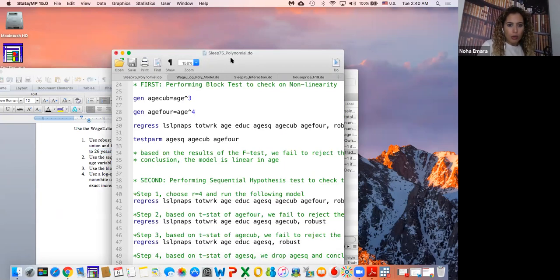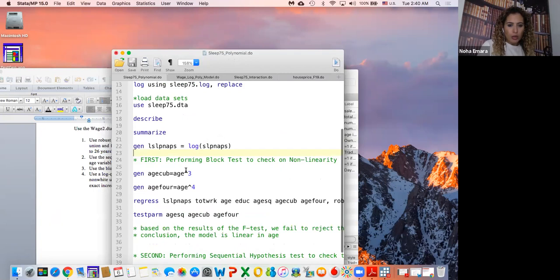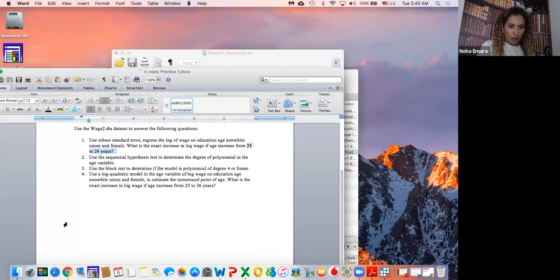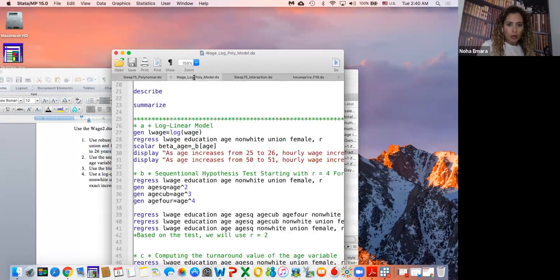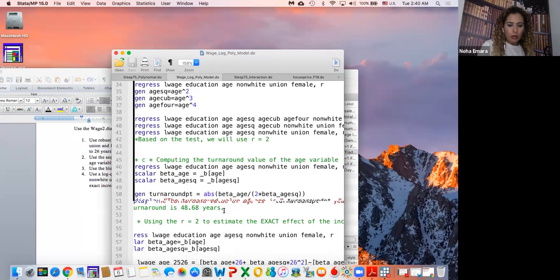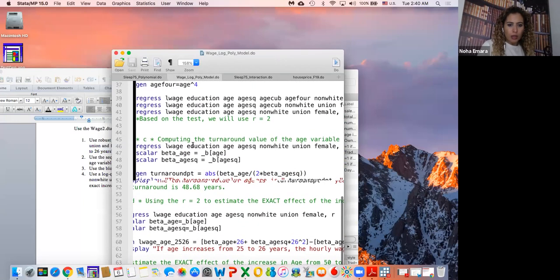I showed you the block test: you have all the polynomial terms, again up to 4, and then perform a test, PARM, which is an F test. What else? The turnaround point. You extract it based on here, or you can compute it by hand. All right? Any question?